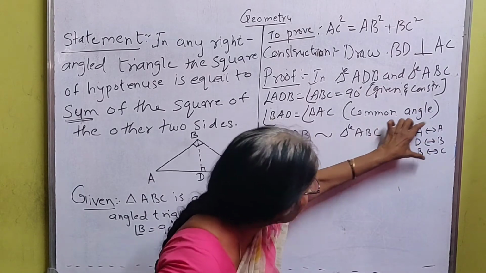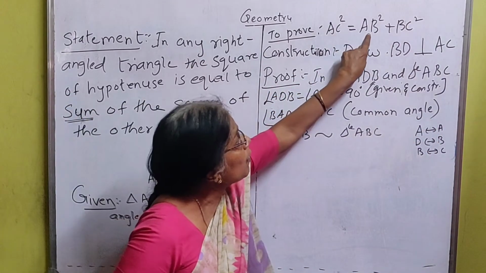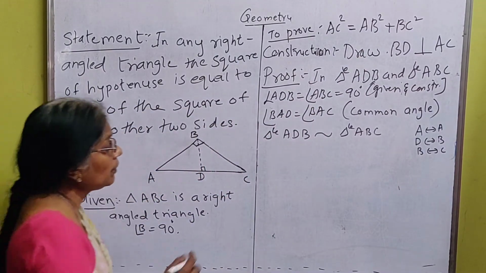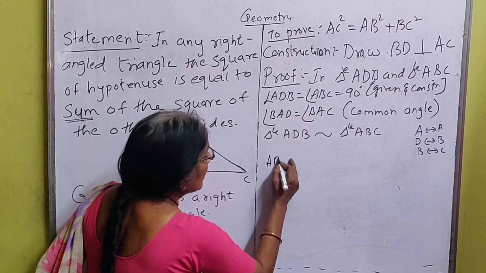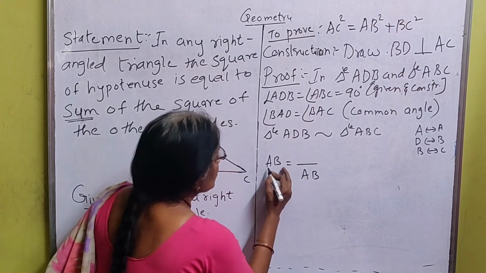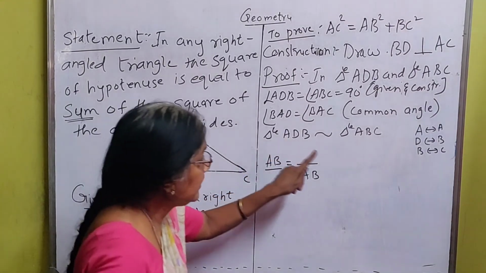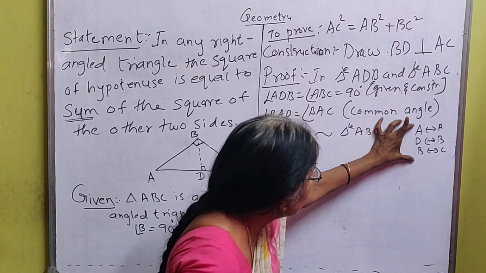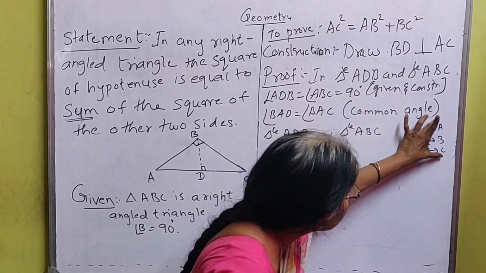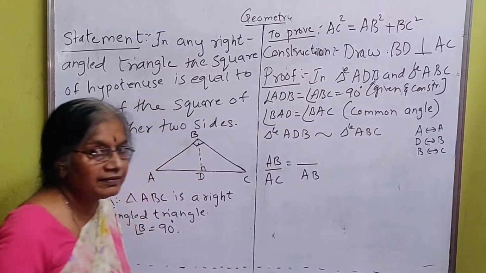If you take AB, you have to take AC. First I want AB square. Cross multiplication: if AB is up, then AB should come down. That means if I take AB in triangle ADB, the corresponding side I have to take is AC. So I took AC over here.